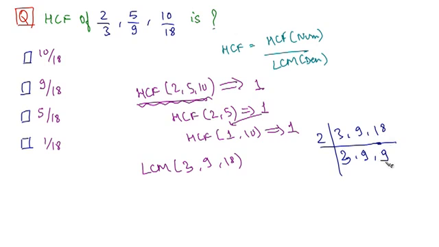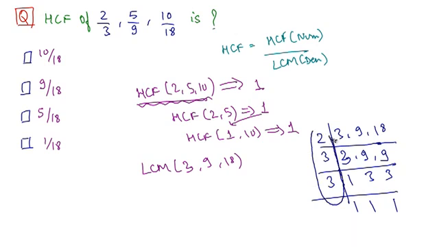So 2 9s are 18. Now we cannot divide all three terms by 2, so we divide by 3. So 3 times 1 is 3, 3 times 3 is 9, 3 times 3 is 9. Again we can divide by 3. So 1 comes down, 3 1s are 3, 3 1s are 3. Therefore we have the LCM as 2 into 3 into 3, which is 18.